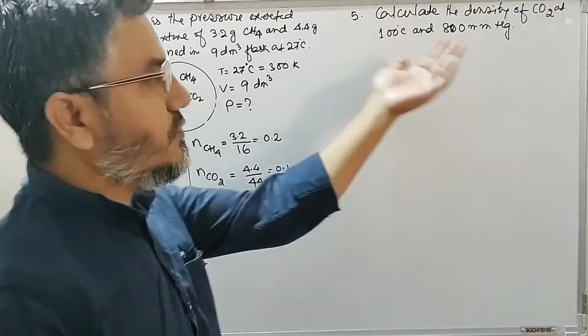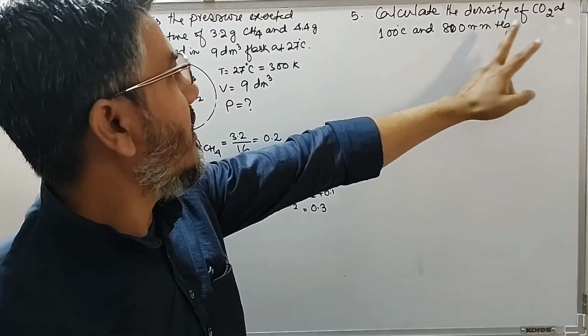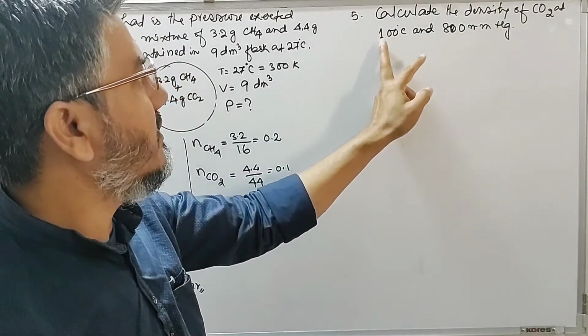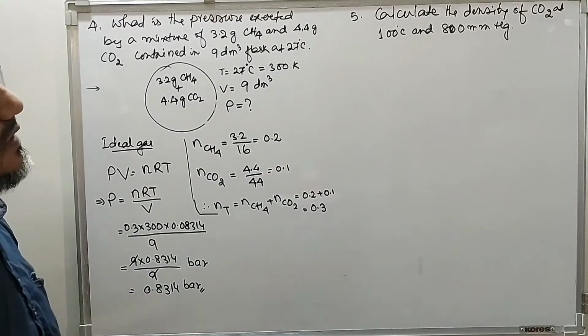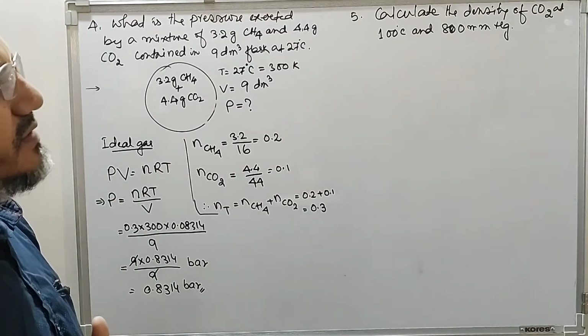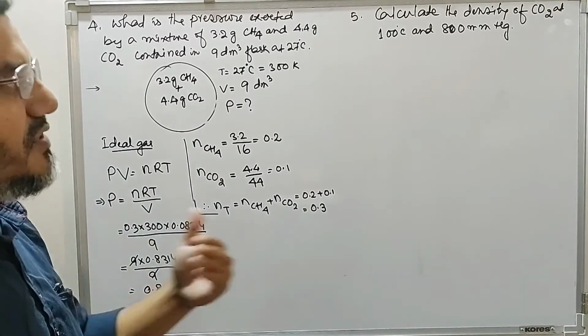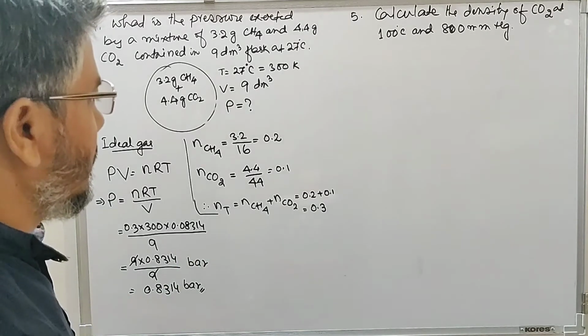Now, look at this next question. The question says, calculate the density of carbon dioxide at 100 degrees centigrade and 800 mm mercury. The compound is given as carbon dioxide, pressure is given, temperature is given. We have to find the density of the gas.